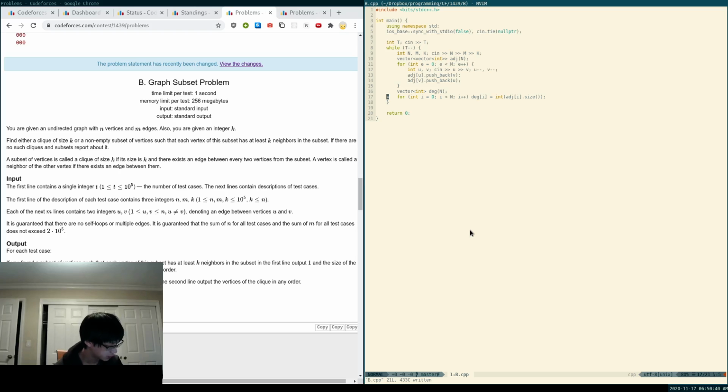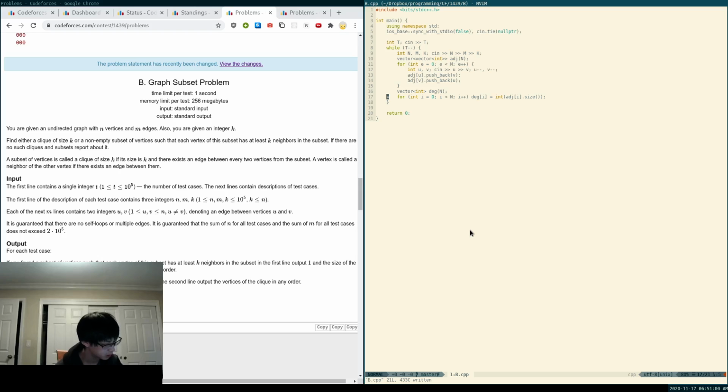I don't really want to have to traverse all the edges that often, so that's going to be a bit of a problem. But yeah, let me think about it.